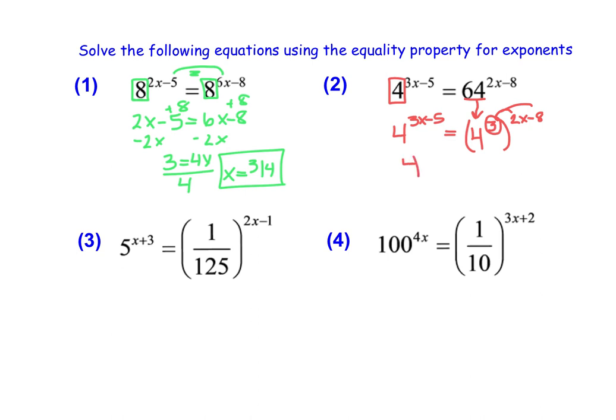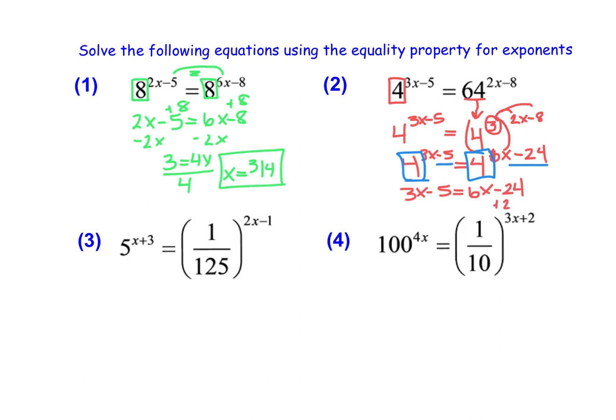So I end up with 4 to the power of 3x minus 5 equals 4 to the power of 6x minus 24. Now, because I have these common bases here, I can now set their exponents equal to each other. So this would become 3x minus 5 equals 6x minus 24.